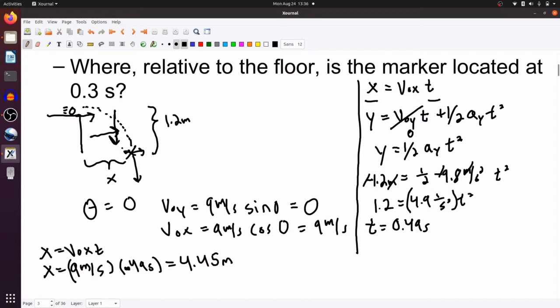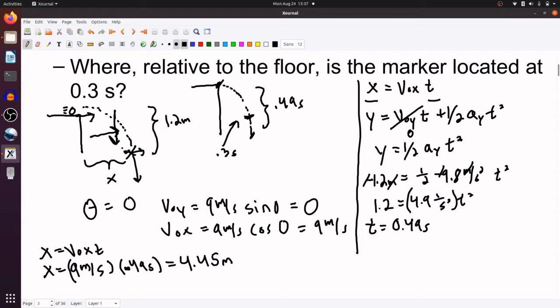And I want to figure out where it's going to be located at 0.3 seconds. So I'm going to redraw what I had. We know that all the way down was a time of 0.49 seconds. So basically, I want to figure out where it is here at 0.3 seconds, because it's not at the start, and it's not at the end, but it's somewhere in between.